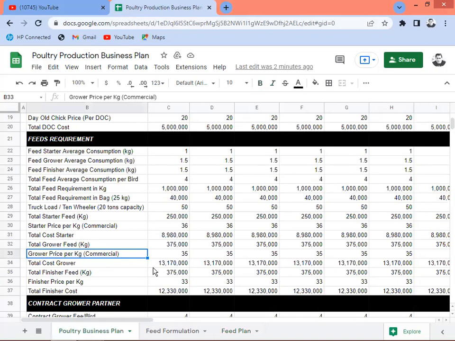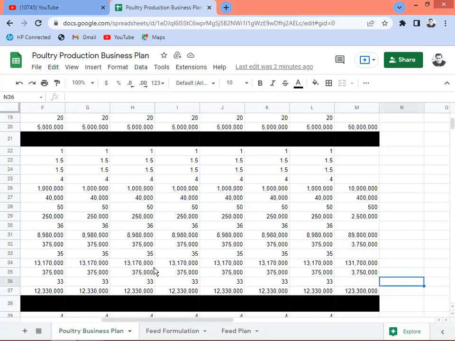So the grower price per kilogram commercial was 35, 36 for the starter, and 33 per kilogram for the finisher feeds. In terms of money, it is 89,800,000 for the starter, 131,700,000 for the grower, and 123 million for the finisher, based on commercial prices per kilogram of 36, 35, and 33.